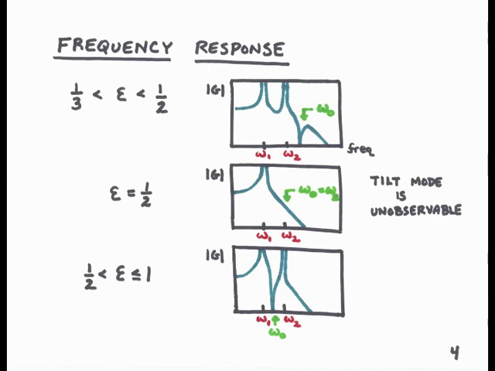If the sensor was placed at the center of the beam, then the tilt mode would be unobservable. Let us suppose that the frequency of the excitation at the left end of the beam was between square root of 3k over m and square root of 6k over m.